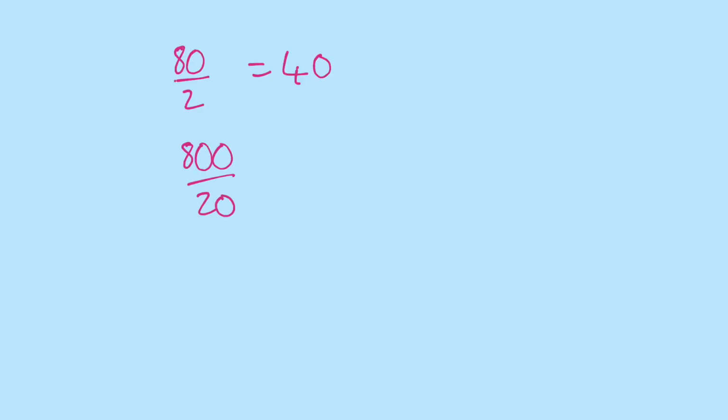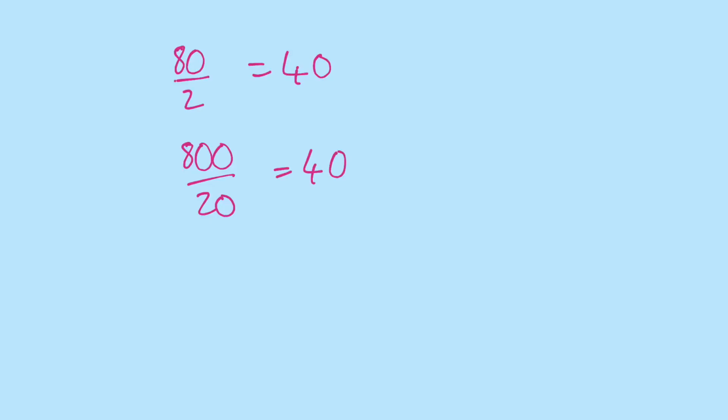I've changed the top and the bottom, but because I multiplied the top and the bottom of this fraction by the exact same number, I've not changed the value. As you can see, 800 divided by 20 is also 40.